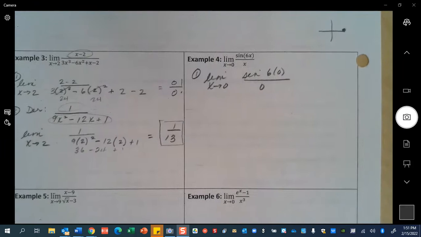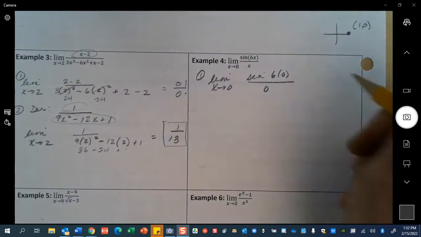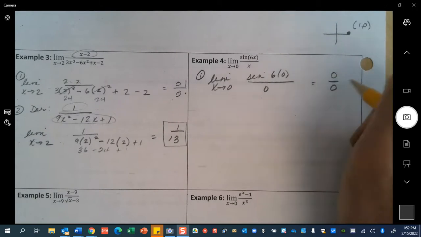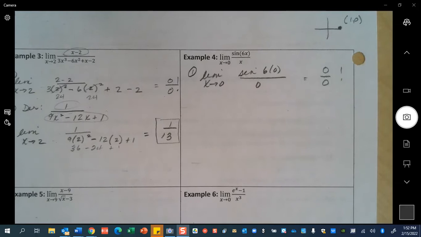My sine is equal to 0, which gives me 0 over 0, which is an indeterminate form. Now, if you remember your trig rules, you can pull out that sine of x over x, right? And then you can know what that is equal to.